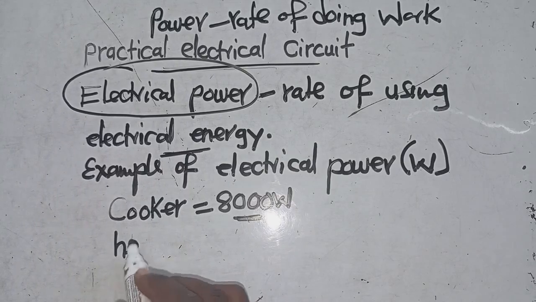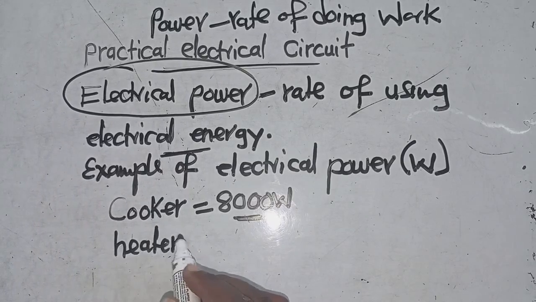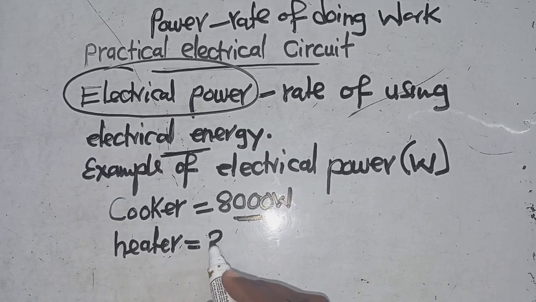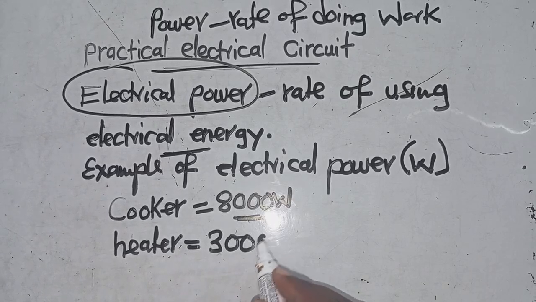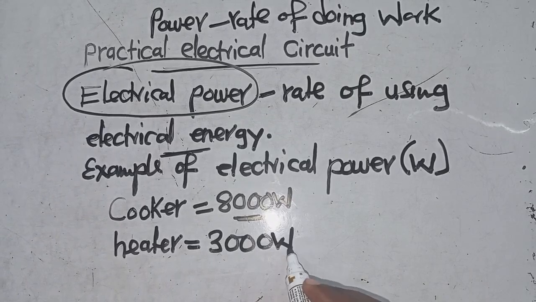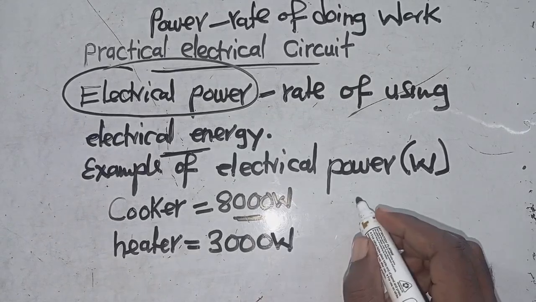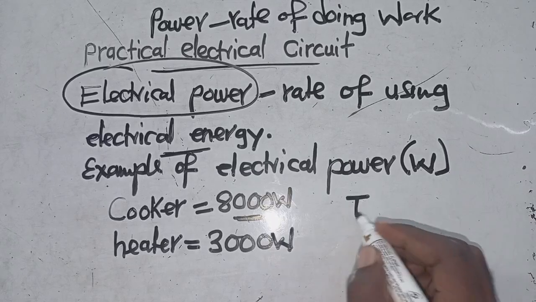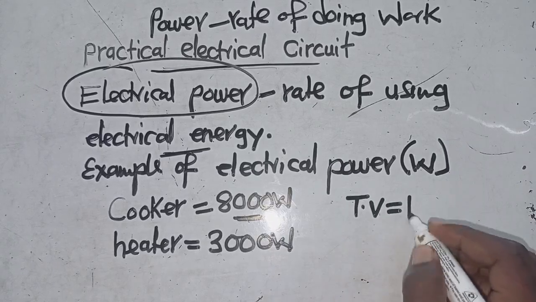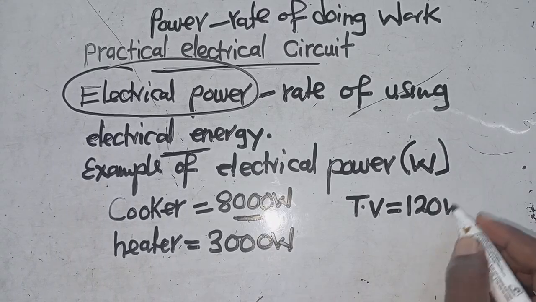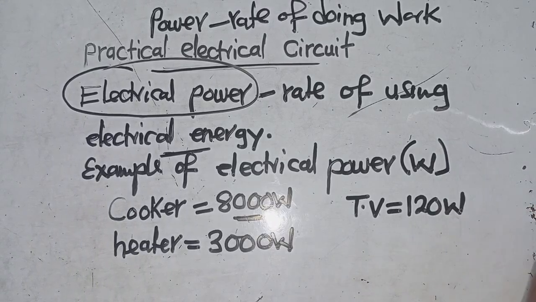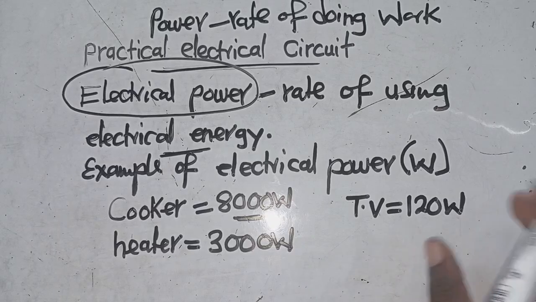A heater has got a power of 3,000 watts. Then we've got, let's say, a TV. Most TVs are 120 watts. And the bulbs, some bulbs have 60 watts, others 100.